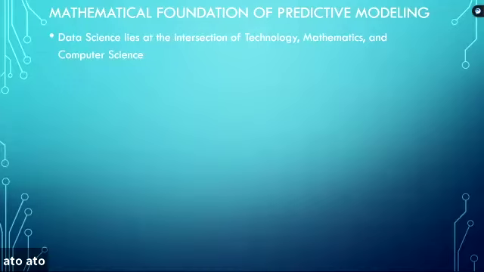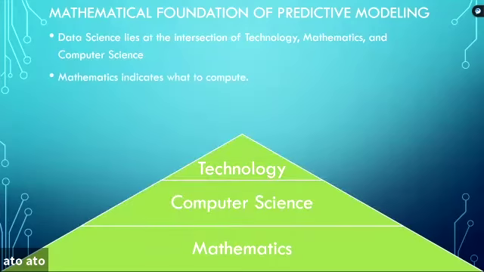So now let's try to reimagine data science, but at a more rigorous level. Here's how I actually imagine data science. While data science makes use of technology, mathematics, and computer science, I don't see it as a Venn diagram. I see it as a pyramid.